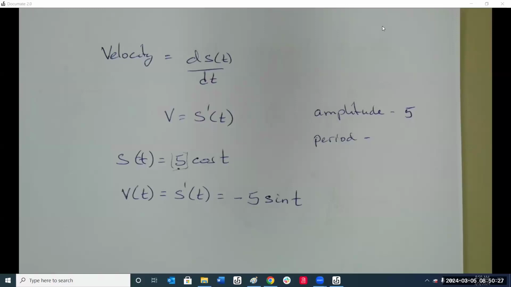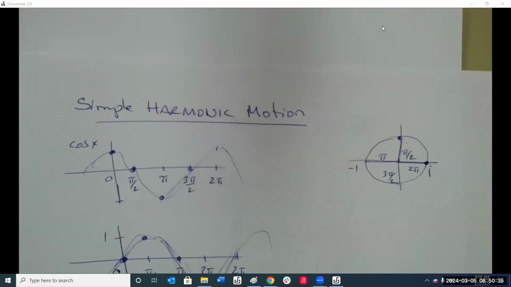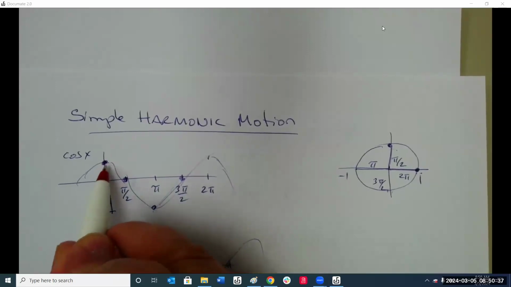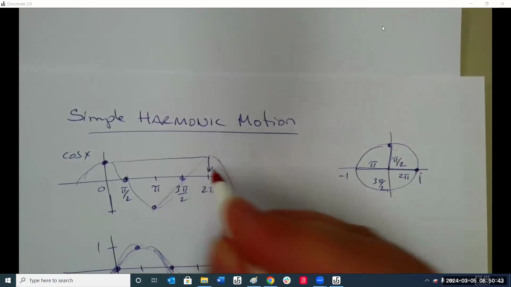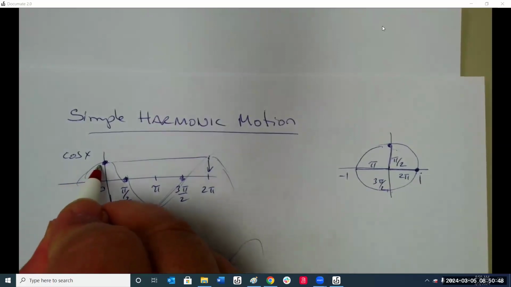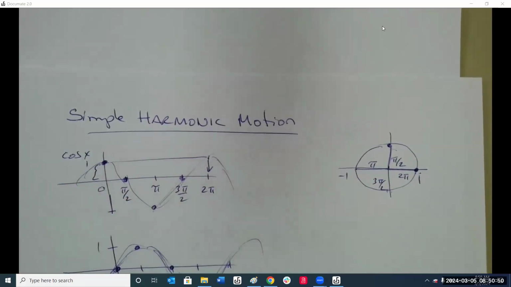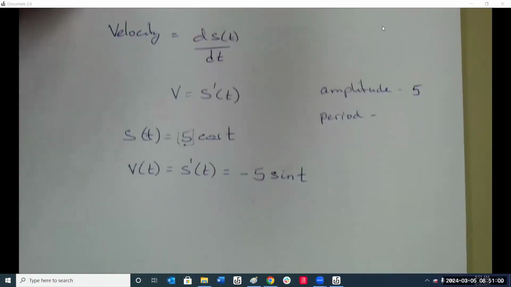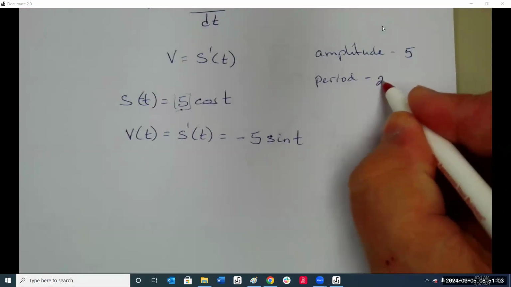That's a period. In other words, if we look at our graph, cosine starts off at 1 here. The next time it's 1 is at 2 pi. So our period is 2 pi. Our amplitude is 1. When we stretch the spring, we now have 5 as our amplitude. We usually look at the absolute value of it. So the period is 2 pi.